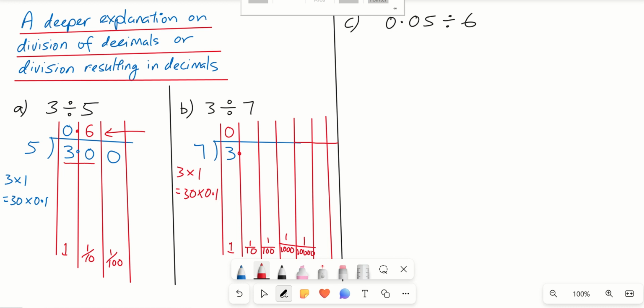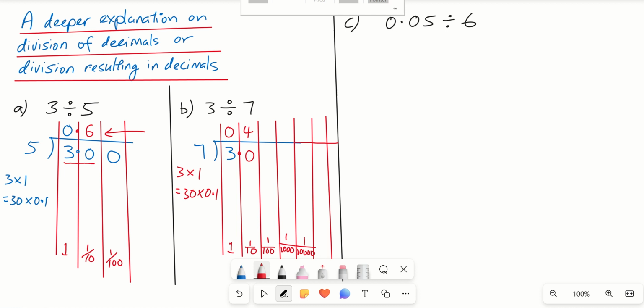So I'm going to put a 0 there. So we ask ourselves, if we split 30 units of 1/10 by 7, we end up with 4 units of 1/10 with a remainder of 2, because 4 times 7 gives you 28. 30 minus 28 gives you 2.